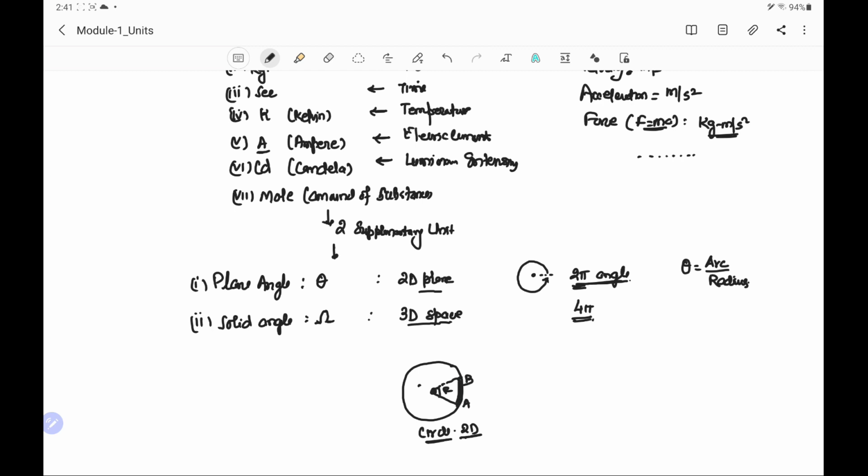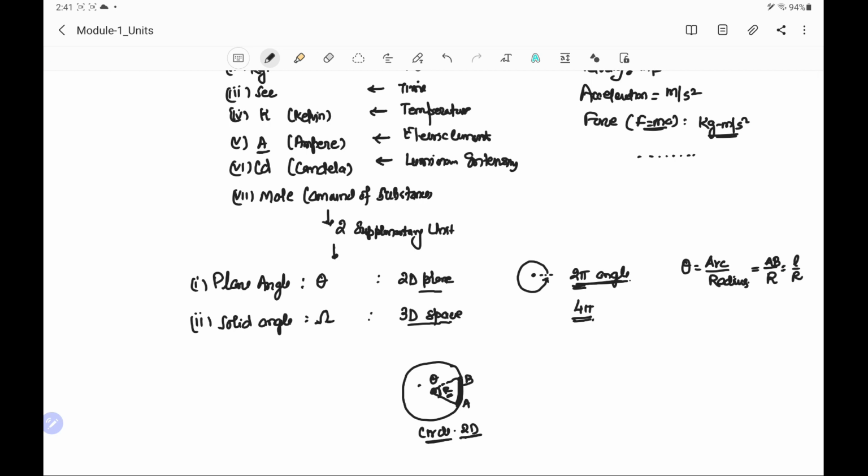This arc subtends an angle at the center, this is theta. This theta is the plane angle, and this plane angle is theta equal to arc, that is the AB, by radius. Radius is the r. This is the radius of the circle. So we say theta equal to AB, which can be written as L, by r. So in this way we can define the plane angle.